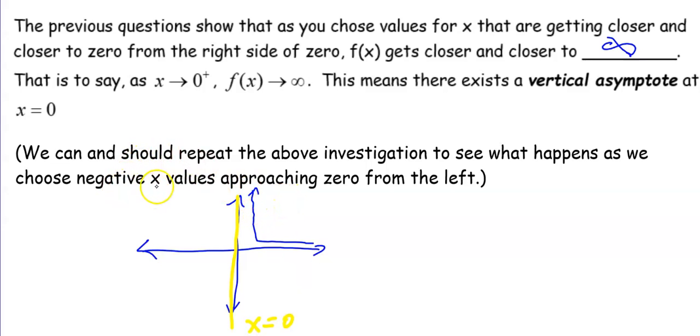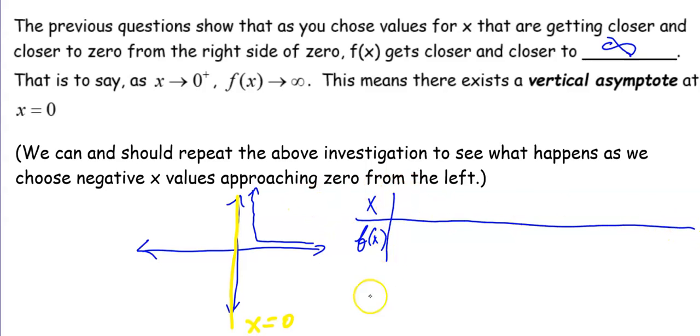Now let's talk about when we have our negative x values. If we make up a chart real quick, let's approach 0 from the left-hand side. So I'm going to put 0 way over here. Again, 0 is going to be undefined. Let's come up with some really large negative values, as x is approaching negative infinity.